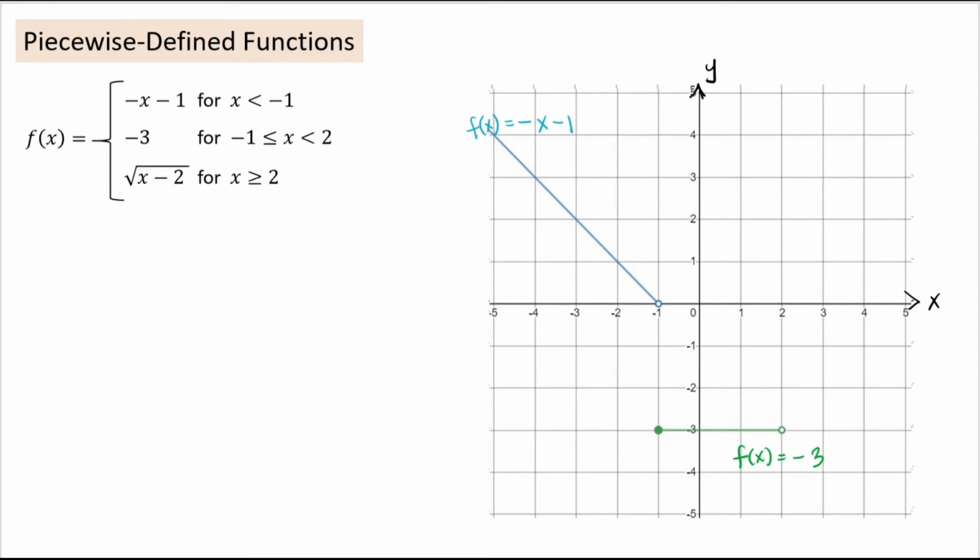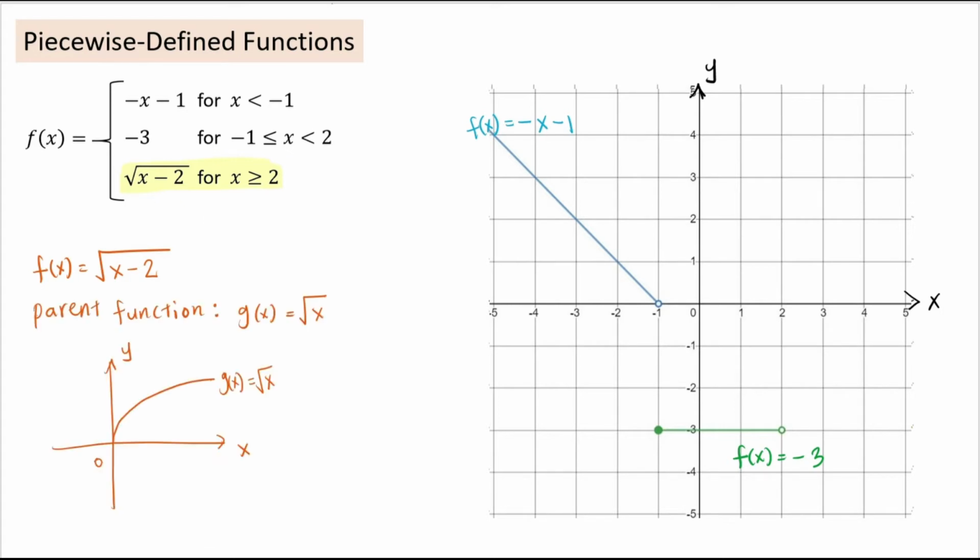Next, let's graph f of x is equal to square root of x minus 2 for x is greater than or equal to 2. The parent function is square root of x. In the function f, inside the square root, we have x minus 2 instead of x.